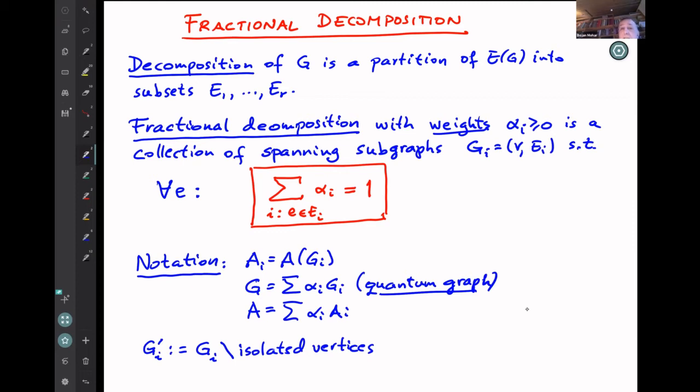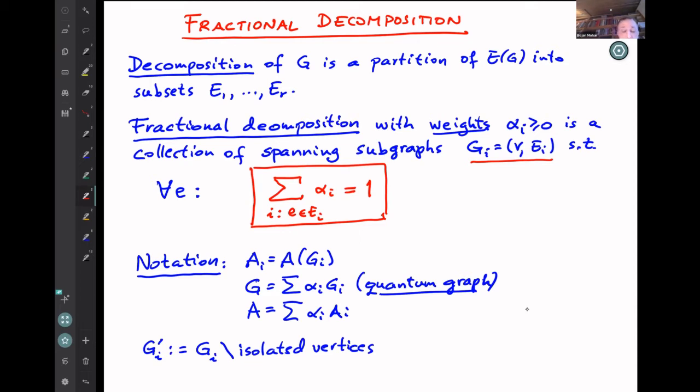This is a common notation for such a situation. If Gi is the subgraph with the edge set Ei, then you can write G as the sum of weighted graphs, the sum of alpha i times Gi. This is sometimes called a quantum graph.